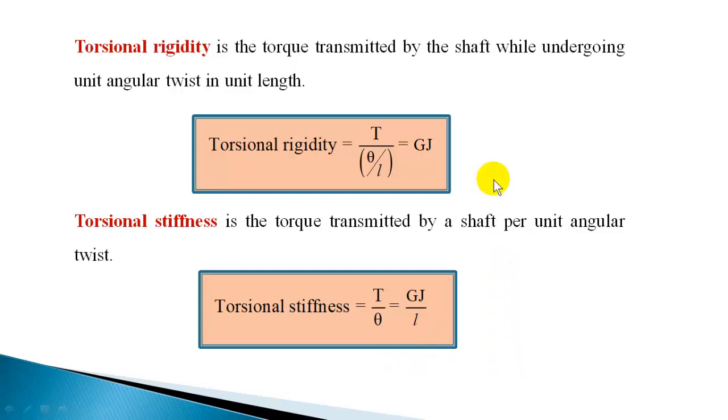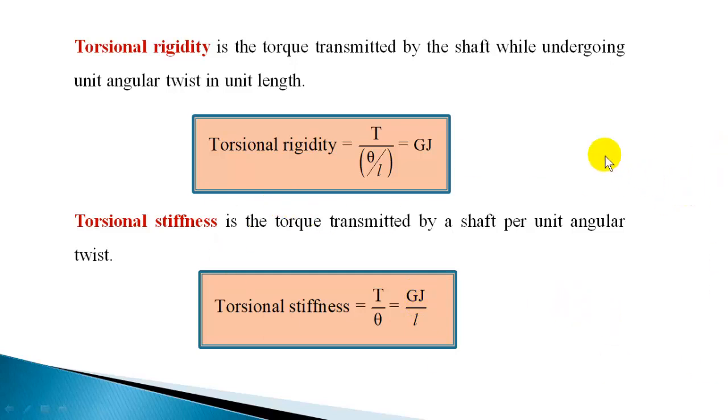So when materials are the same and shaft lengths are the same, the torsional stiffness depends only on J. When you are comparing two shafts, if the materials are the same, the G values are going to be the same, and if shaft lengths are the same, this also is going to be the same. The torsional stiffness depends only on J, the polar moment of inertia.